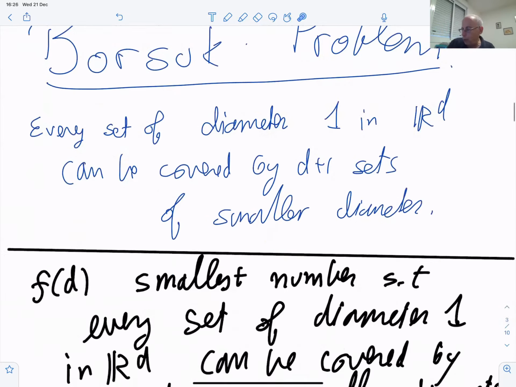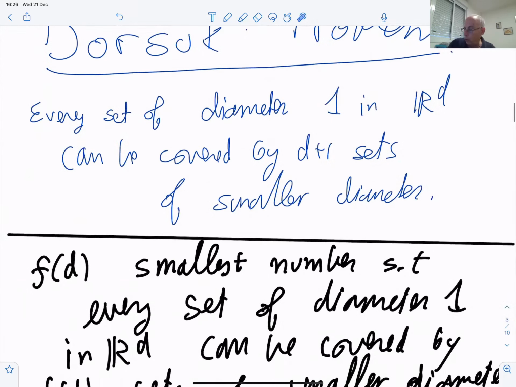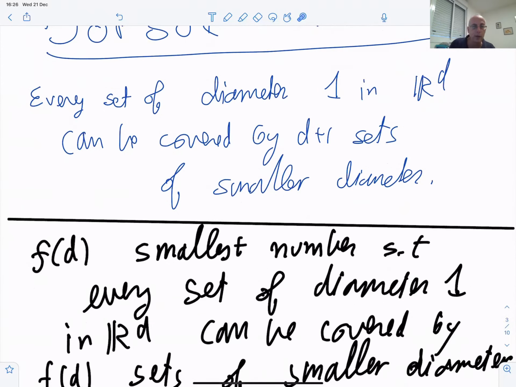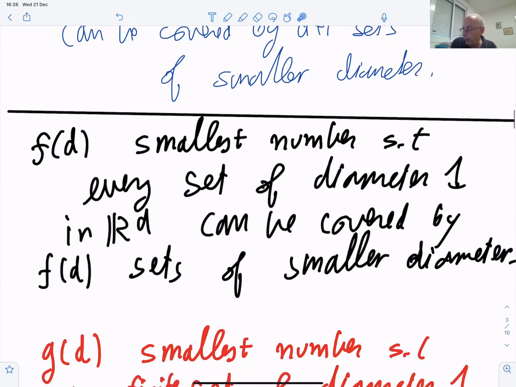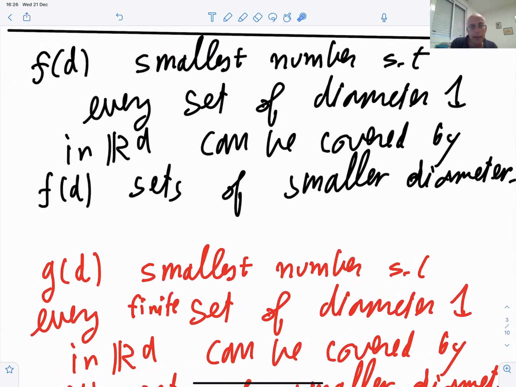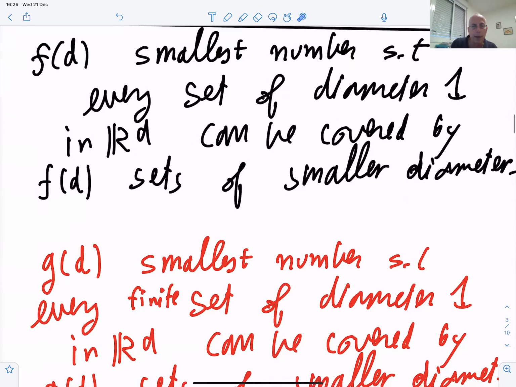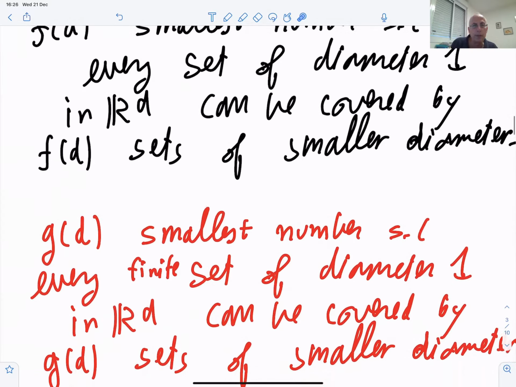Now we know that the Borsuk conjecture is not true, but in any case, it's useful to make the following definition. F of D is the smallest number such that every set of diameter 1 in R^D can be covered by F of D sets of smaller diameter. And G of D is the smallest number such that every finite set of diameter 1 in R^D can be covered by G of D sets of smaller diameter.